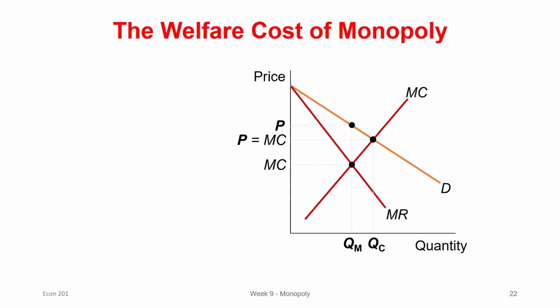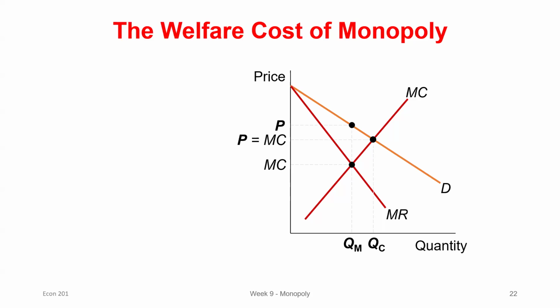So the markup in a perfectly competitive market is always 0. The markup of a monopolist will always be something. Because why? Once we choose where marginal revenue is equal to marginal cost to get the quantity, the second step was to go up to the demand curve to set the price. So the price will always be above the marginal cost of the last unit provided to the market for the monopolist.